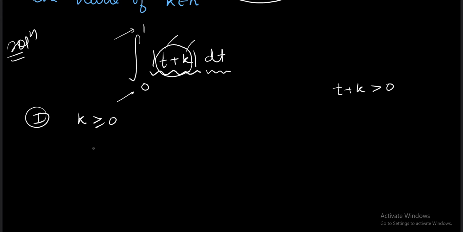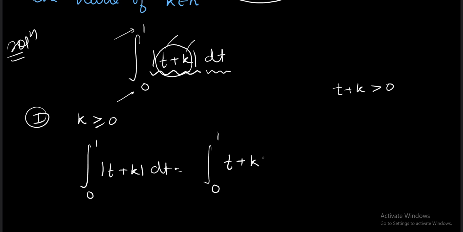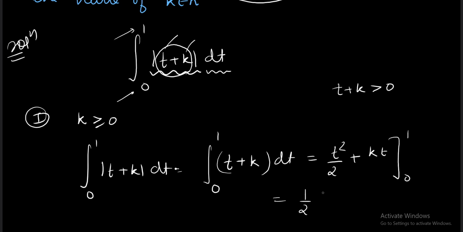Agar ye positive hai, so you can write integral 0 to 1 modulus of t plus k dt as simply integral 0 to 1 t plus k dt. That means I just removed that modulus sign, right? t का integral क्या आएगा? t square by 2 और k का integral आएगा kt. Put the limits 0 to 1. What we are getting is 1 by 2 plus k. That's it. This is what we are getting as the integral value when k is greater than 0.